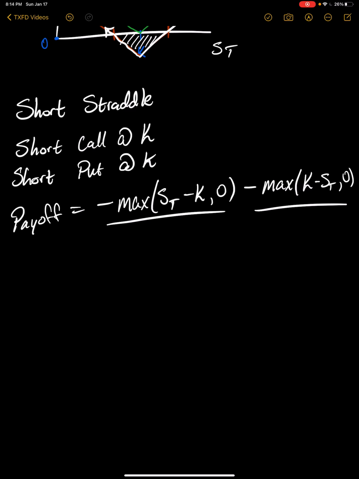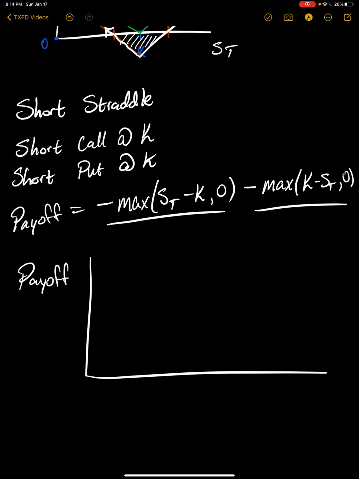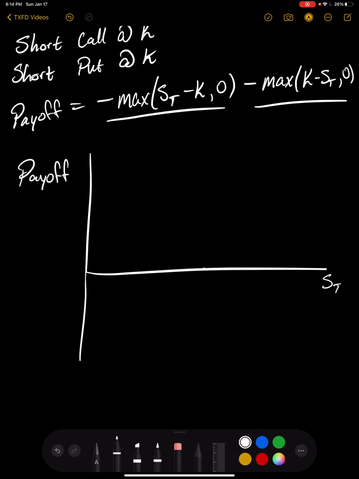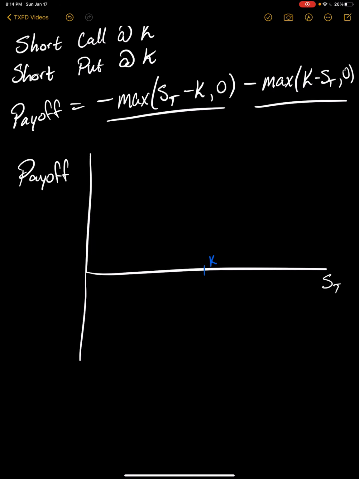And so the payoff diagram for this is going to look like, well, we're actually going to go negative on the payoff diagram, right? So this is the stock price at time T, and then in blue we're going to show, here's K, so that's the strike price, and the best we can do is going to be zero.